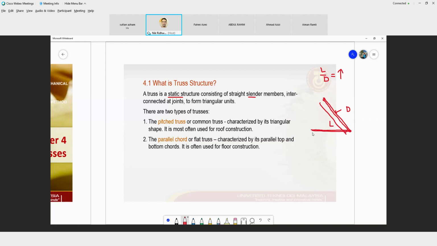Okay, ada 3 slender members. So the joint here is what we call the connected joint that will connect the 3 slender members. So type of trusses ada pitch trusses dengan parallel chord.